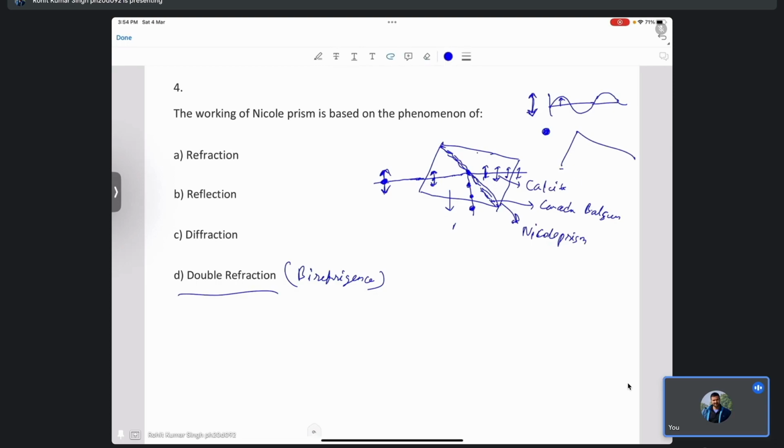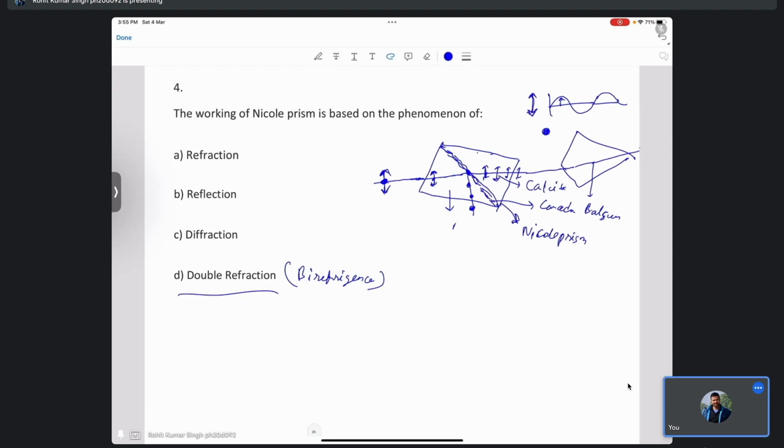If the light passes through again, you will know that it has been polarized in this direction. And if it bends here, you will know that it is not polarized. So like that, you can use the Nicol prism.